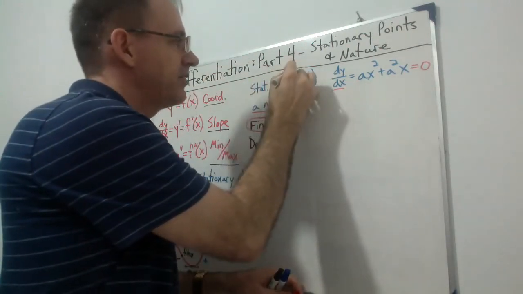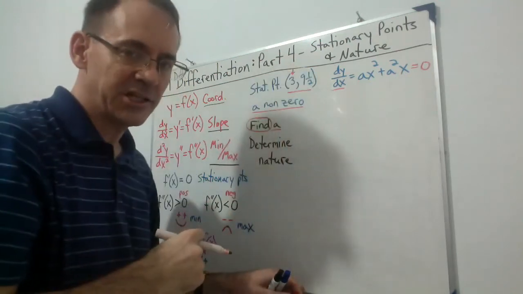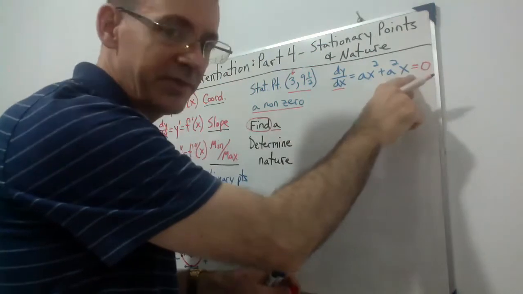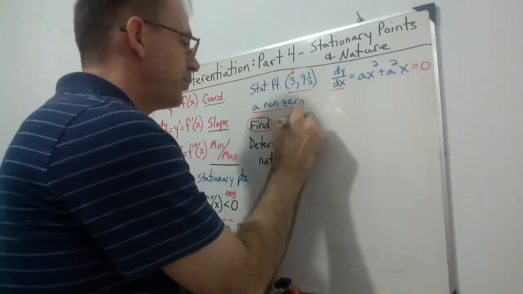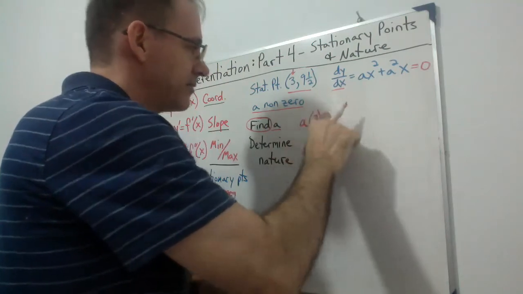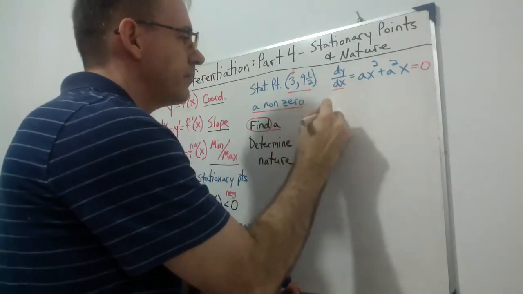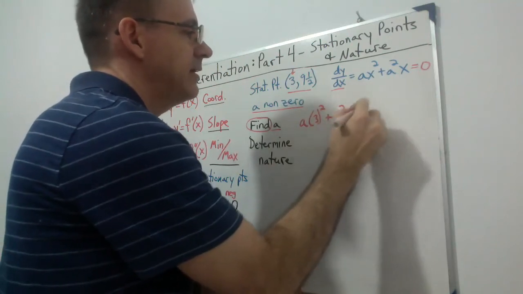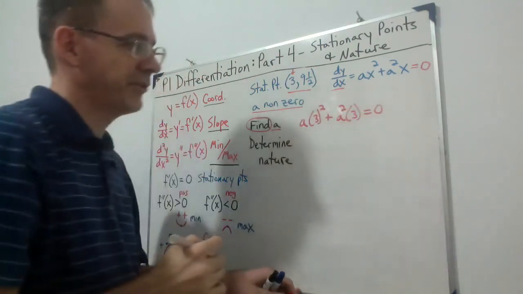Well, here is the x coordinate of our stationary point. The x value is 3. That means we already know what the x is. So we can put a 3 squared plus a squared 3 equals 0.